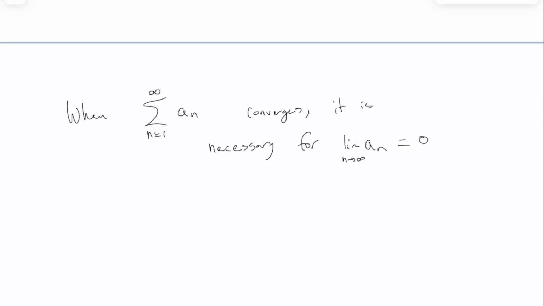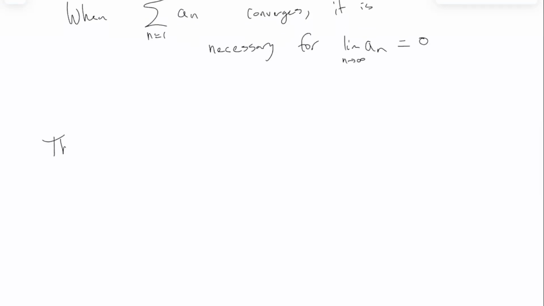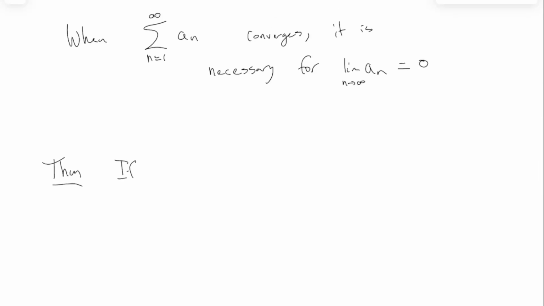This is actually a theorem, and I'm going to write it in slightly more technical language. It says: if the sum from n equals 1 to infinity of a_n converges, then the limit as n goes to infinity of a_n equals 0.